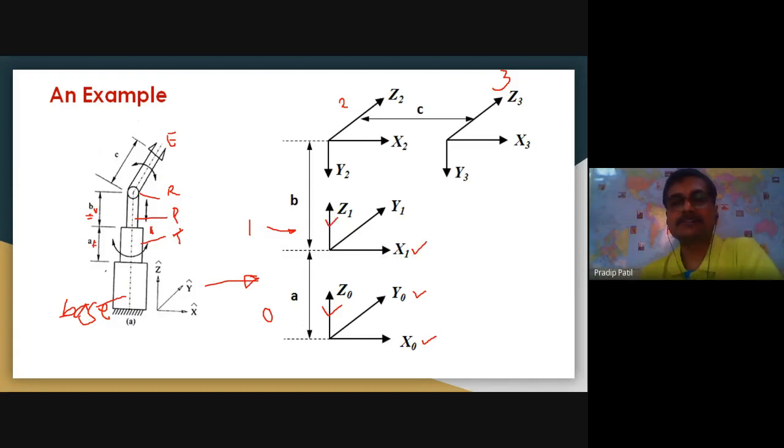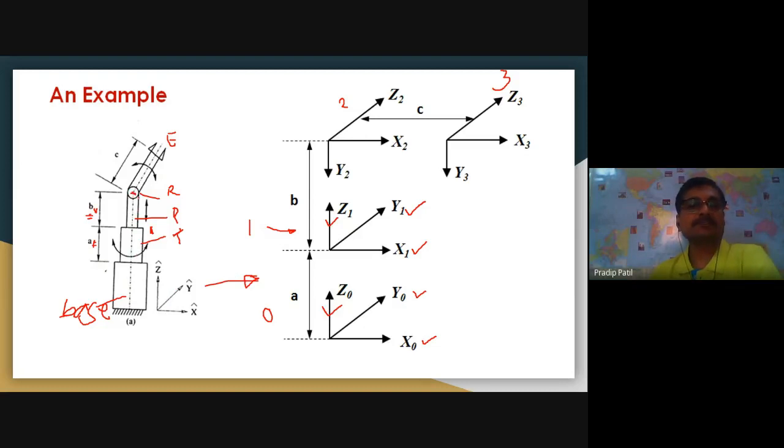So I define z1, I define x1. Now once I know z and x, I will find out y, that away from the observer going into the paper or the screen, that is y1.